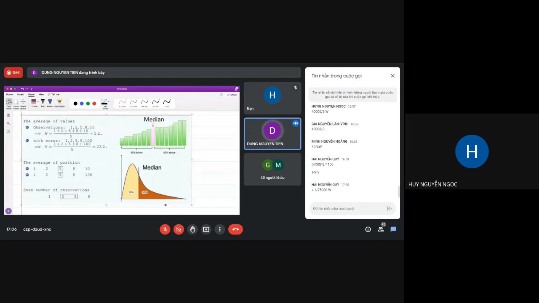The mean is the average of values. Suppose that you have 5 values, 1, 2, 5, 8, 10. You compute the average value, which is 26 over 5, 5.2. If you have an error, let's say instead of 10, you get 100, then the mean value is 23.2. The two numbers are completely different.